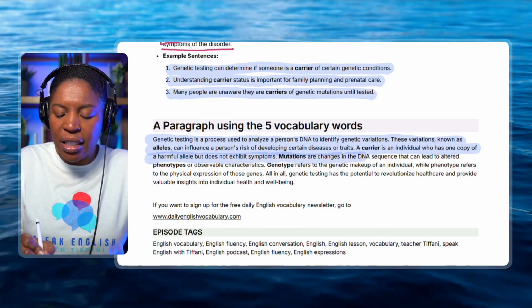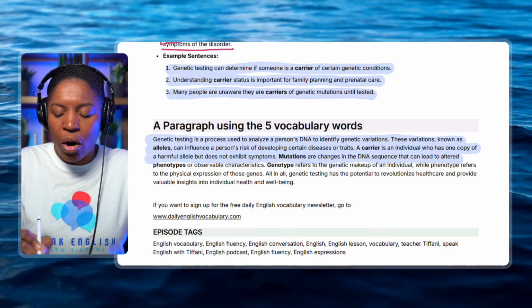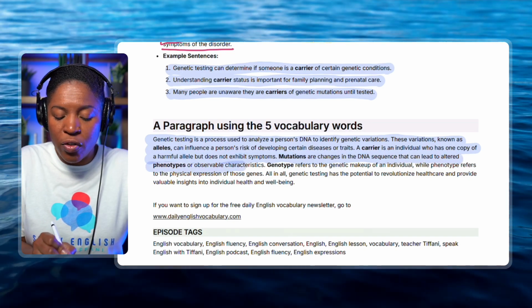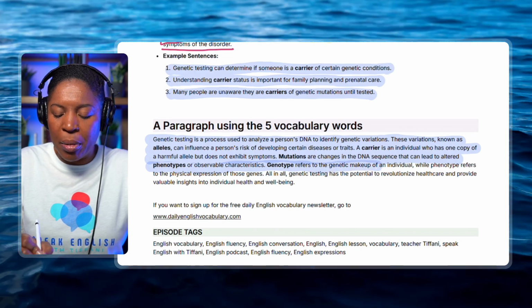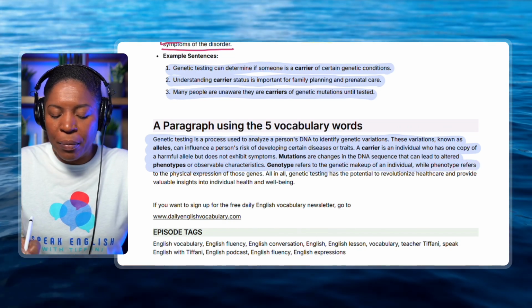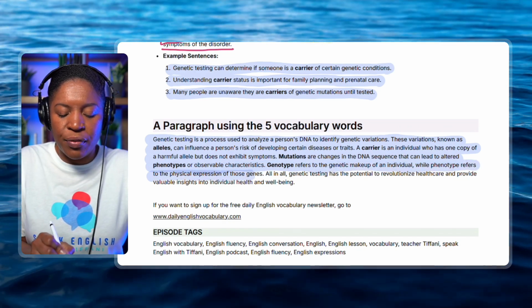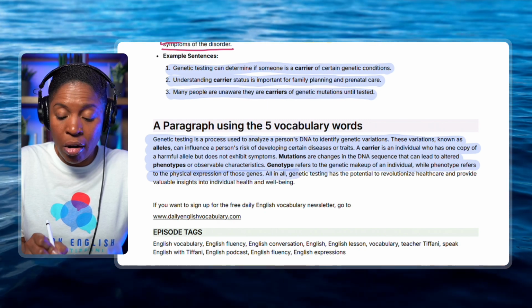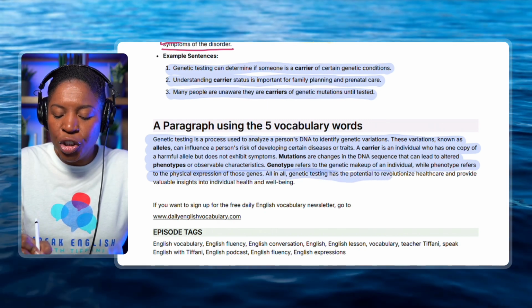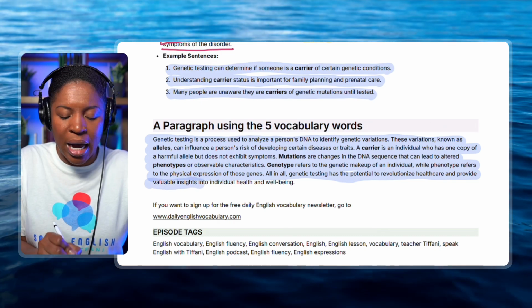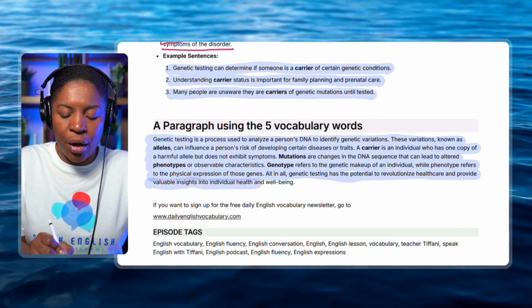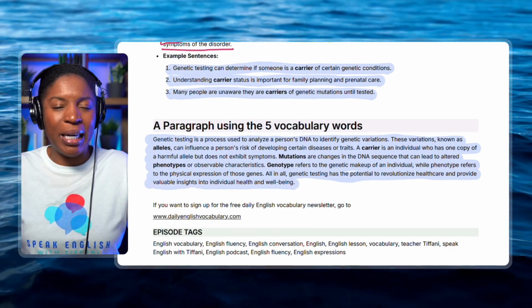Mutations are changes in the DNA sequence that can lead to altered phenotypes or observable characteristics. Genotype refers to the genetic makeup of an individual, while phenotype refers to the physical expression of those genes. All in all, testing has the potential to revolutionize healthcare and provide valuable insights into individual health and well-being.